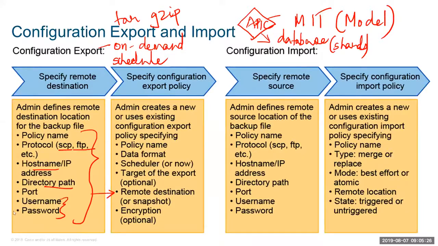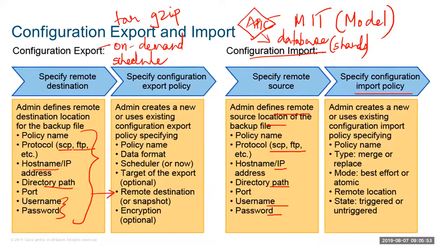Now, similarly, you may also choose to configure your imports. As and when you need to do the import, you're going to use the import option. Specify the remote location, protocol, hostname, IP address, port, username and password, and then you build your import policy.